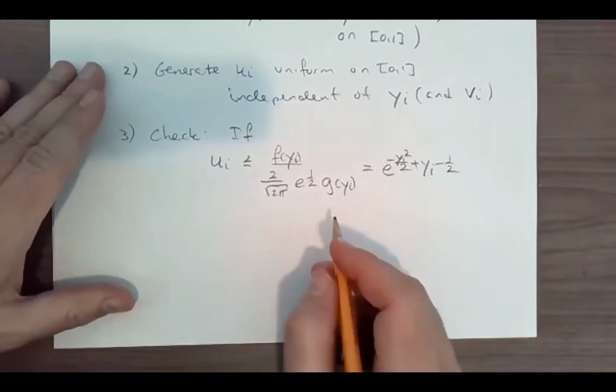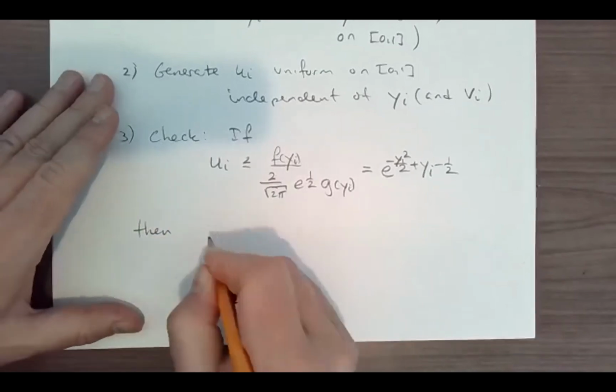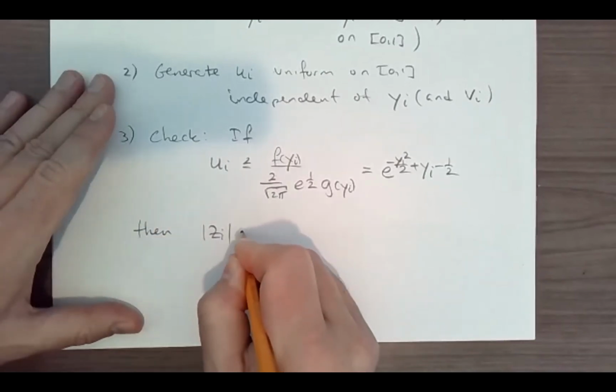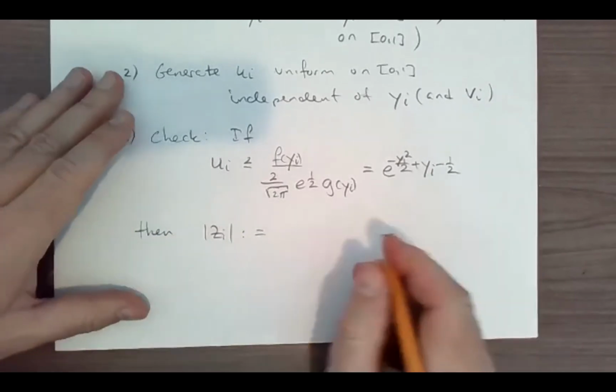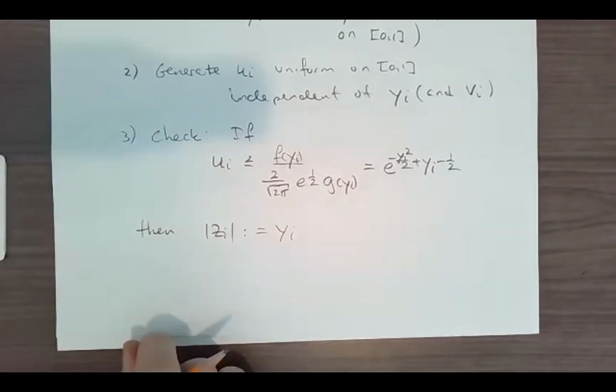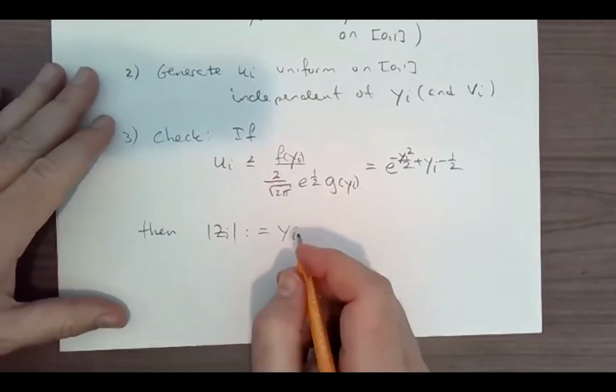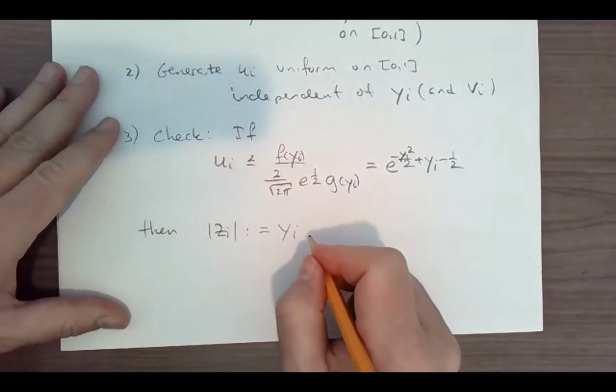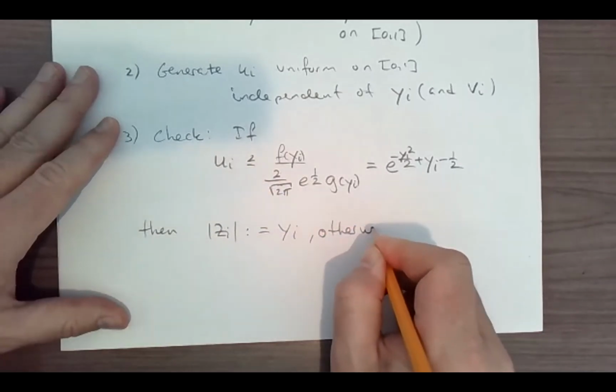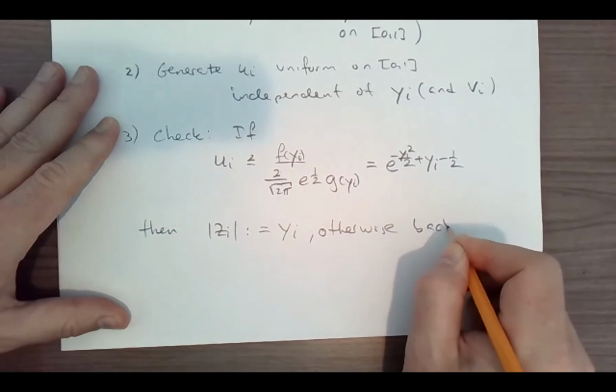If this is holding, well then the absolute value of this CI, you can pull that sample as yi. Otherwise, so check if this is true. Otherwise, back to 1.